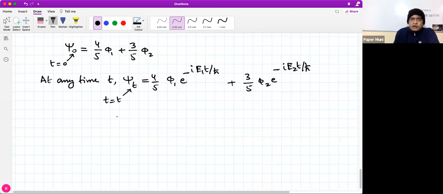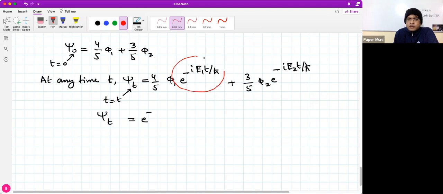In this kind of question, the process is that you take one of the exponential parts common from the whole expression. So let's take this component to be common and take it out of the expression.